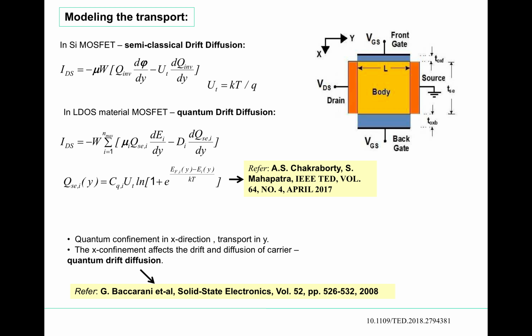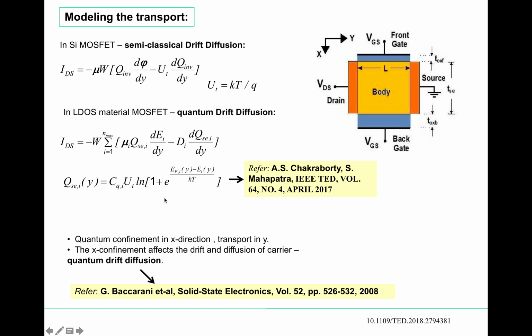But in case of low density of states material MOSFETs, it changes to quantum drift diffusion, where this electrostatic potential changes to energy eigenvalues, which are obtained through adding Bohm potential, which one can read in detail in this paper.